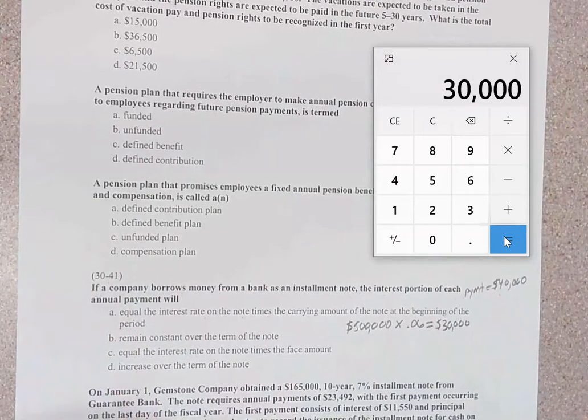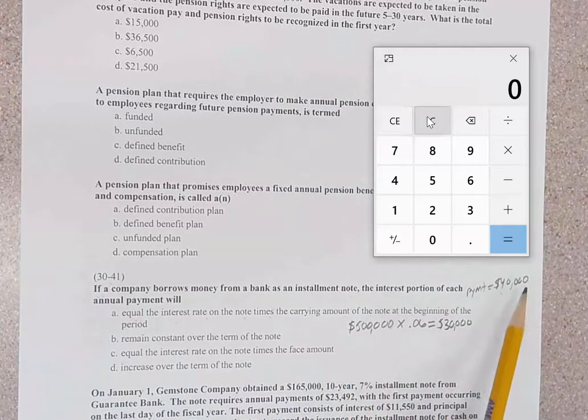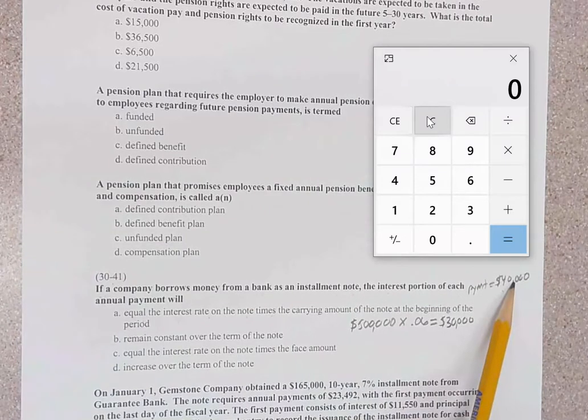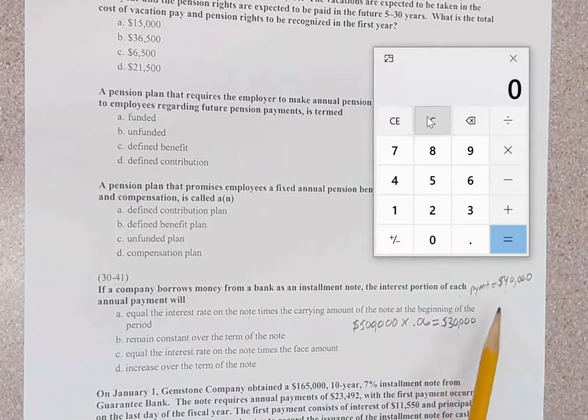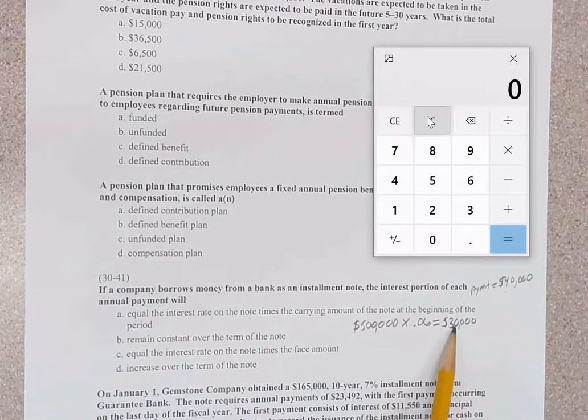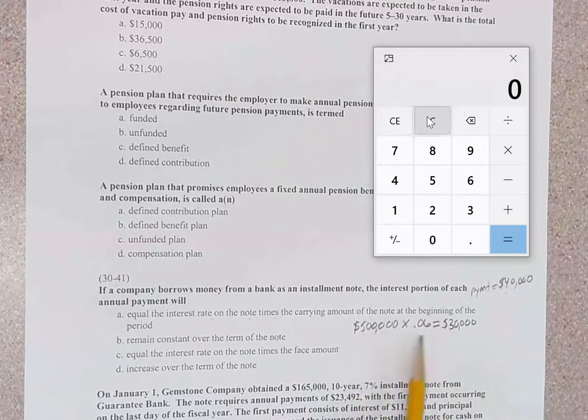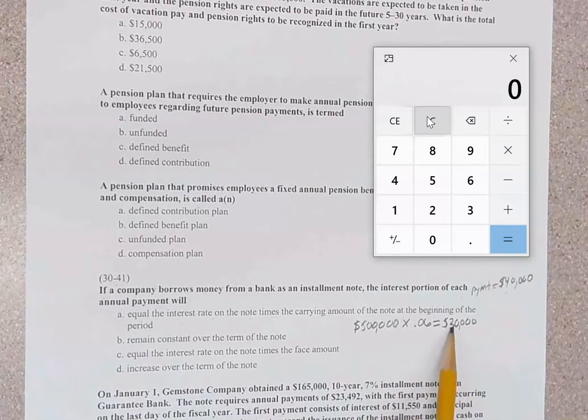Okay, all right. So let's clear out our calculator and understand what's going on here. We borrowed $500,000. We made a $40,000 payment, of which $30,000 was interest. So what do we do with the difference between the $40,000 payment and the $30,000 that we said was interest? That's $10,000. 40 minus 30 is 10.